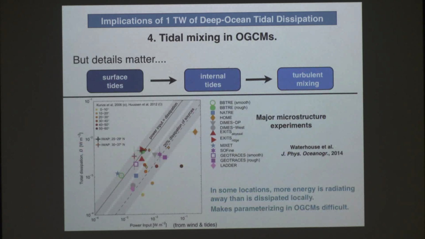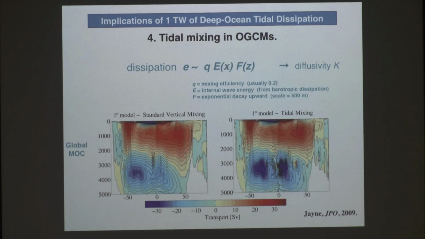You have to think about all the physical mechanisms going on between getting from the surface tide into internal tides into mixing. And it's more complicated than what Steve Jayne did here, where he was looking at just the dissipation in the barotropic tide and putting that energy directly into the ocean at that spot.